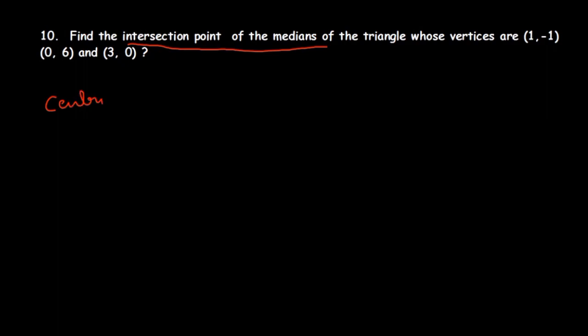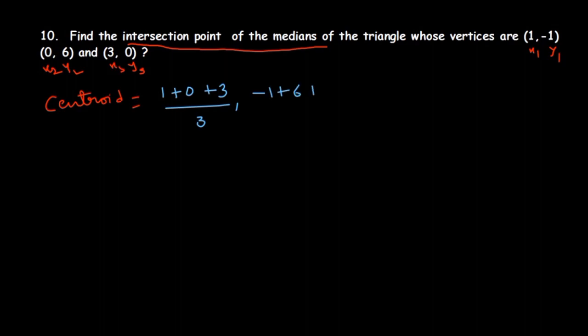We take these as x1, y1, x2, y2, and x3, y3. So centroid equals (x1 plus x2 plus x3) by 3, (y1 plus y2 plus y3) by 3. So we take 1 plus 0 plus 3 by 3, and y1 is -1 plus 6 plus y3 is 0, by 3.